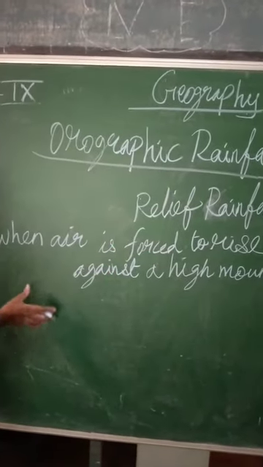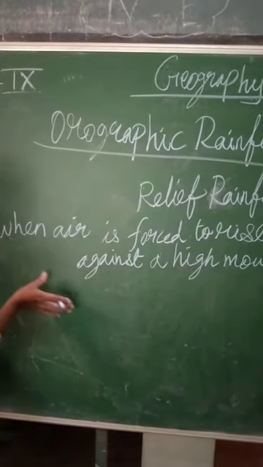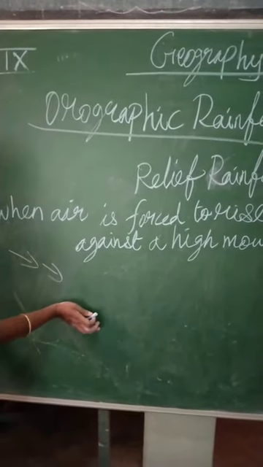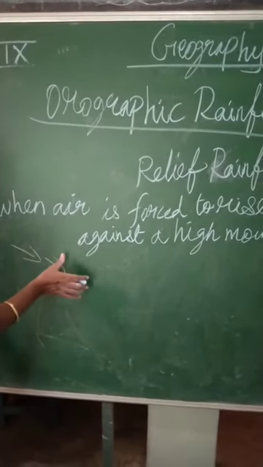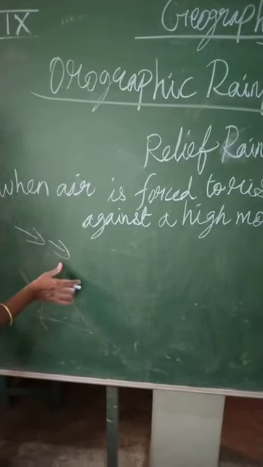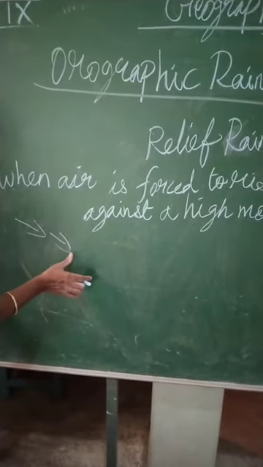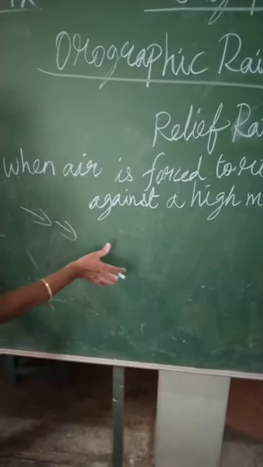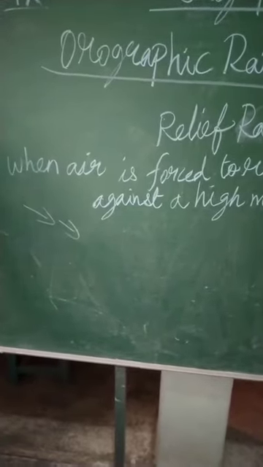The mountain barriers lying across the direction of airflow force the moisture-laden air to rise along the mountain slope. This results in the cooling of the air, which leads to the formation of clouds and rain.